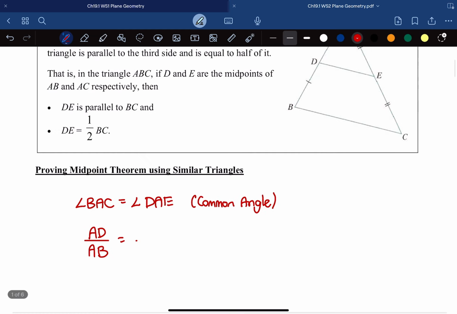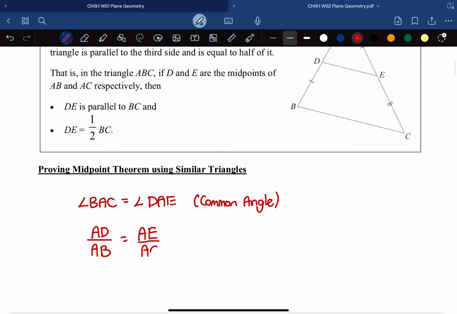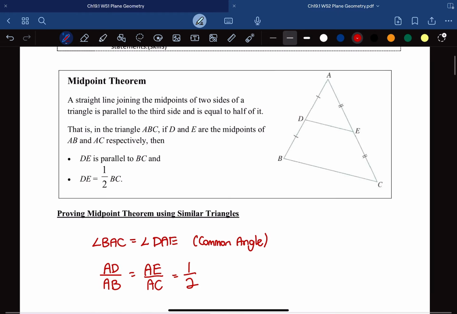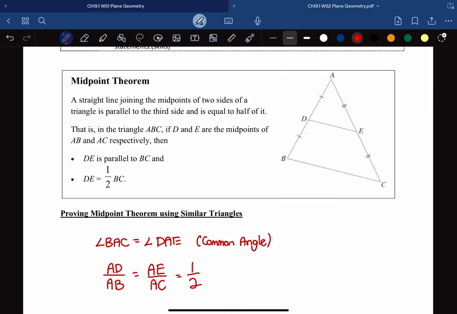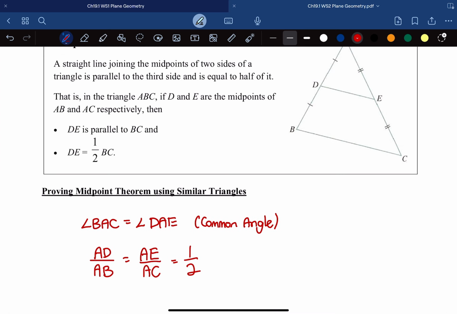And this ratio is very clear: it is 1 over 2, for both AD over AB and AE over AC. That's how I can conclude this ratio.